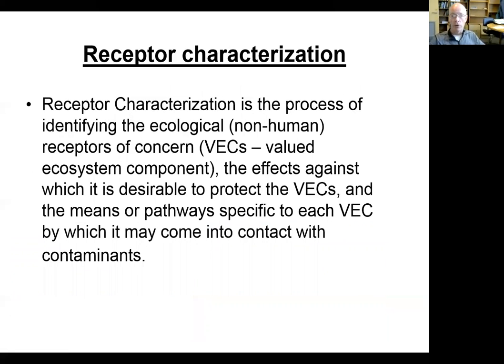In terms of 2 and 3, the receptors, it's a process of identifying the ecological receptors of concern, and you'll often see these known as VECs, valued ecosystem components, and that's what you want to protect. So the way this is normally done, or should be done ideally, is you get all the stakeholders who are interested in a room, and you try and hash out a list.